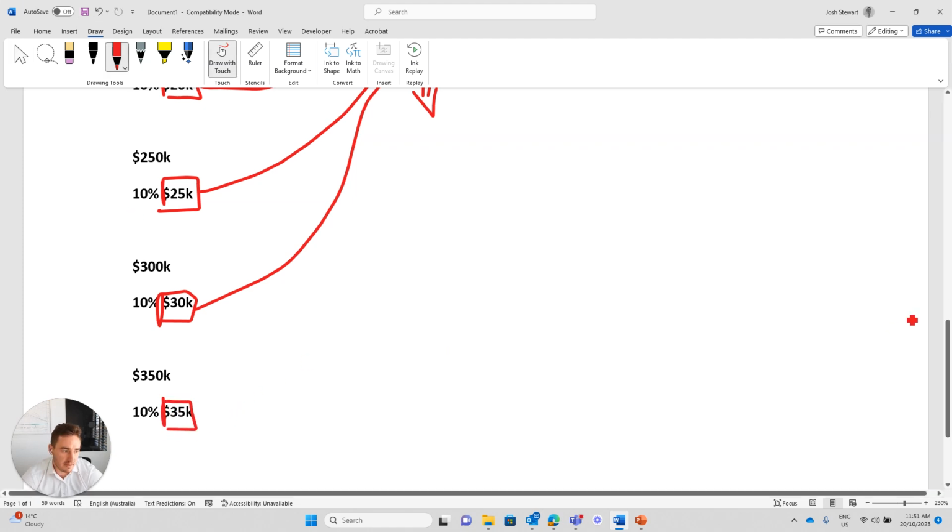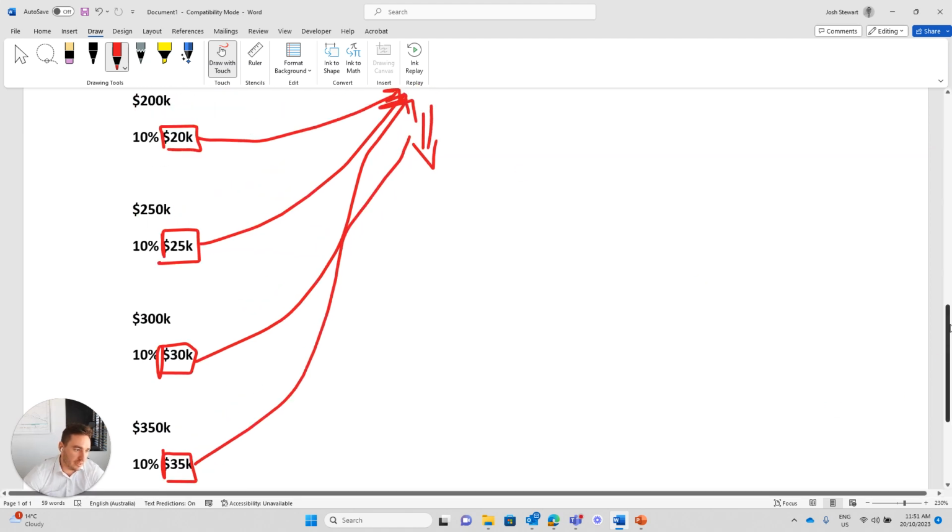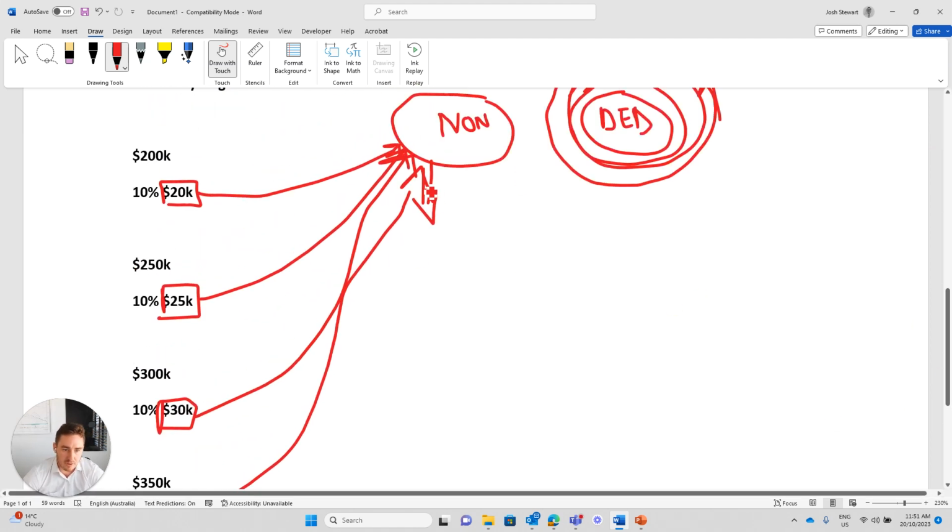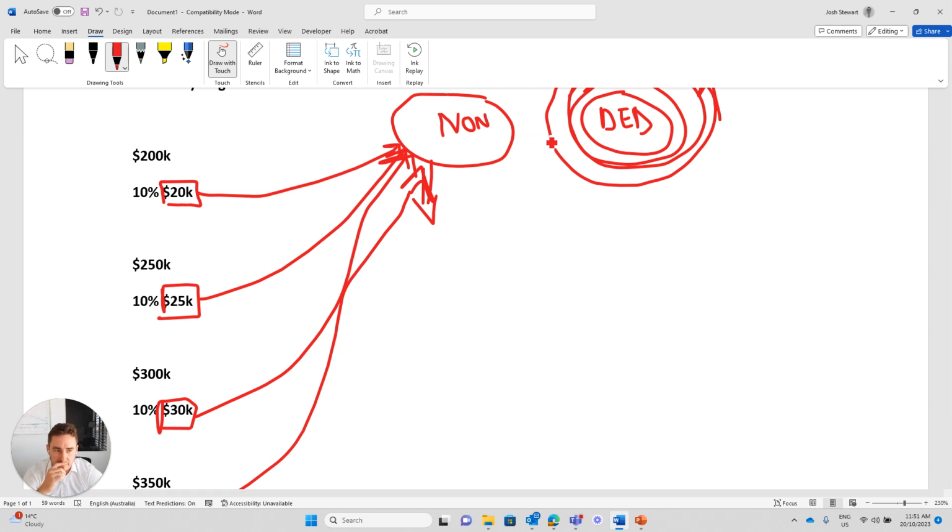And again, I push that back into my non-deductible debt to pay that down. And again, I can increase that. So if you can see what we're doing here, we are essentially reducing this debt at the same time we're increasing that debt.